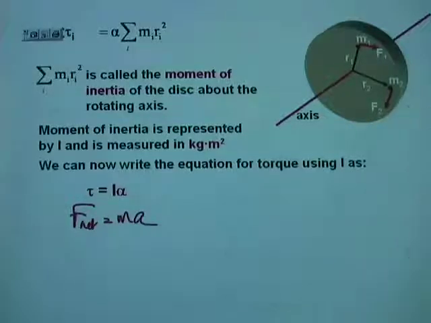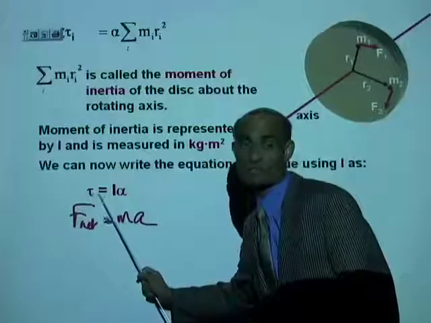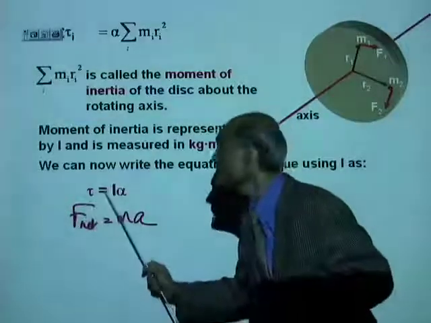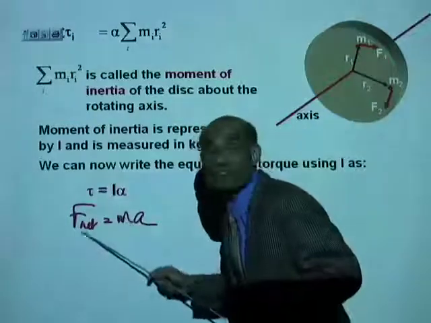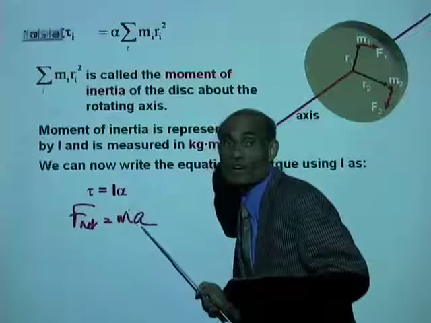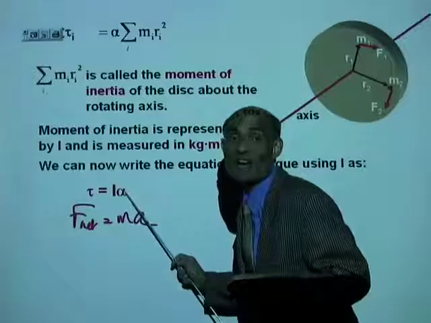In rotational motion, that equation becomes tau net. The best way to write this is tau net, the net torque is equal to I alpha. Look at that. F net is replaced by tau net. Linear acceleration a is replaced by angular acceleration alpha.